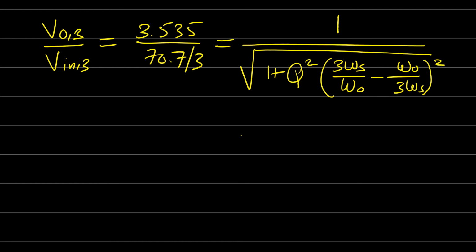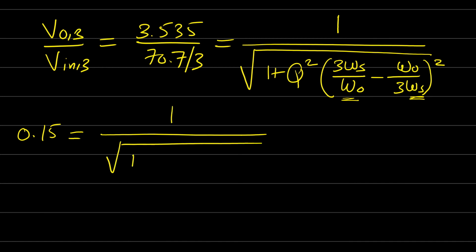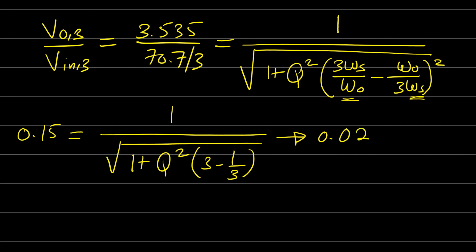Here we operate at resonance. So you can say that this is 0.15, and this is 1 over 1 plus Q squared times (3 minus 1 over 3). Solve this equation and you'll find that we have 0.0225, which is equal to 1 over 1 plus 7.1 Q squared.